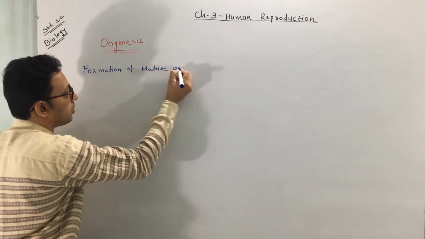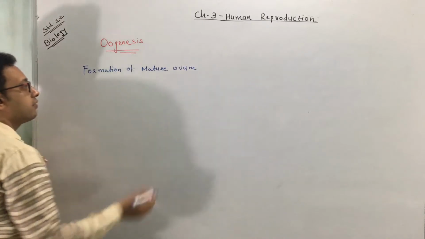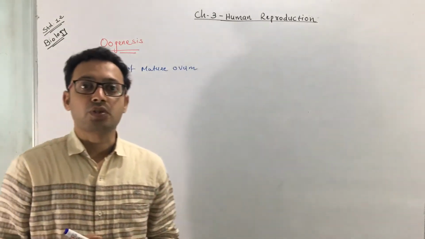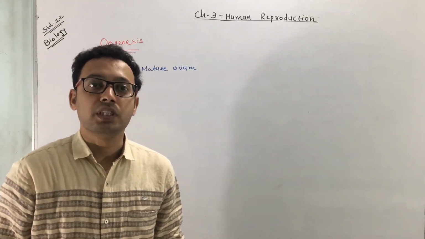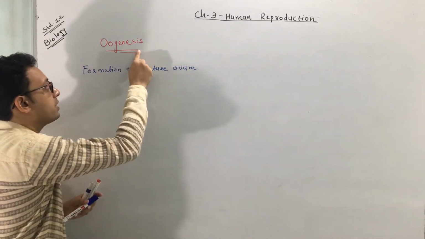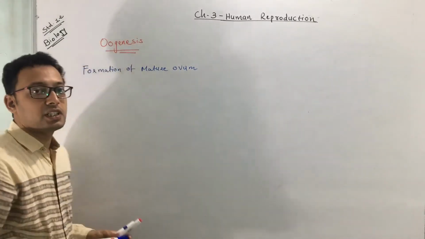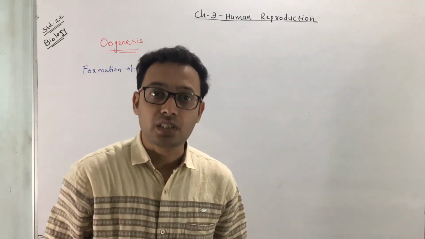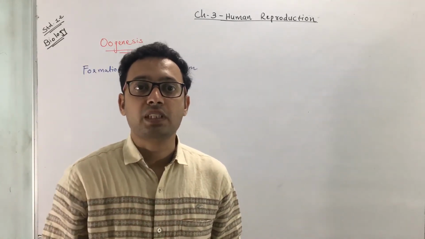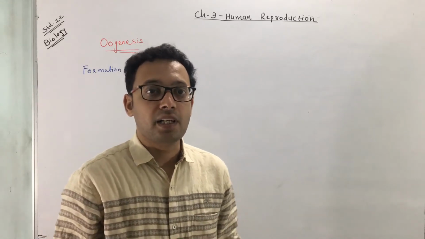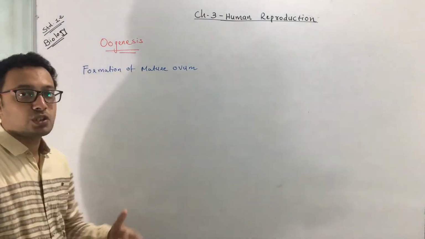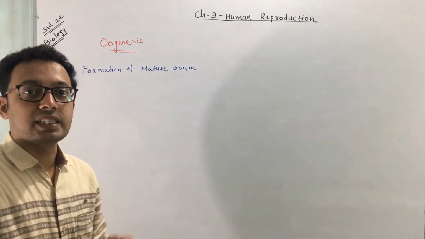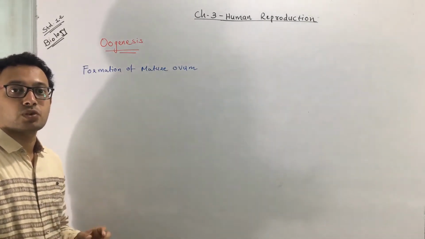This process is called oogenesis. Genesis, formation of ovum, that is called the oogenesis process, as we have seen in spermatogenesis. Like spermatogenesis means the formation of a sperm, similarly oogenesis means the formation of a mature ovum.